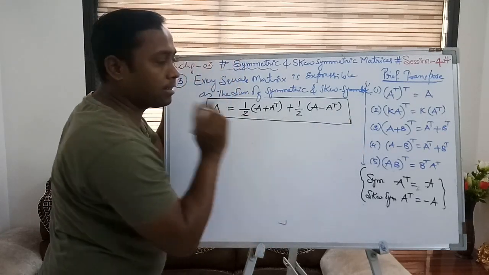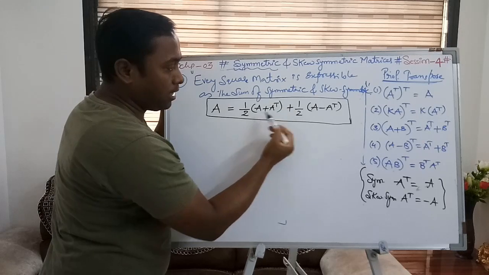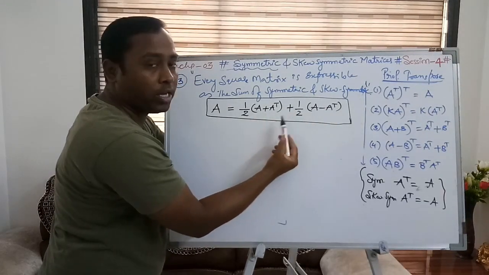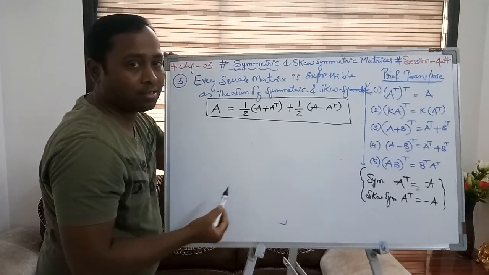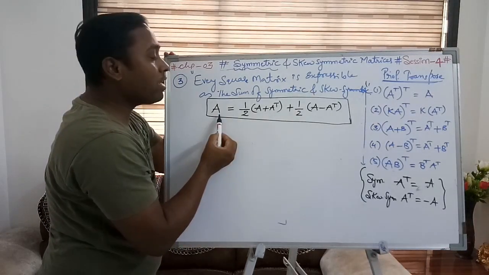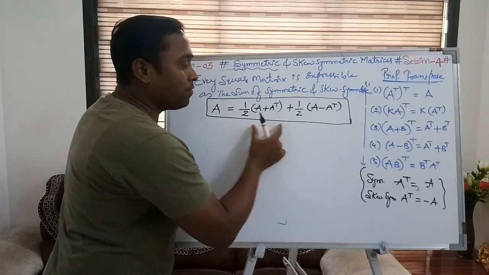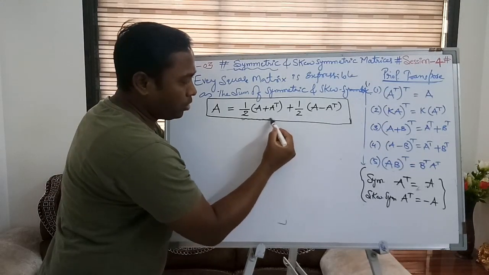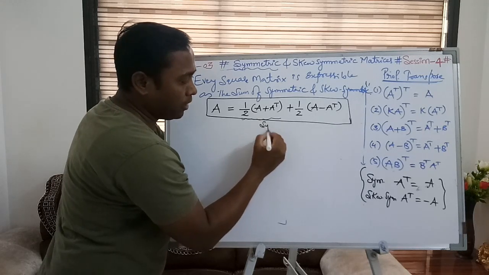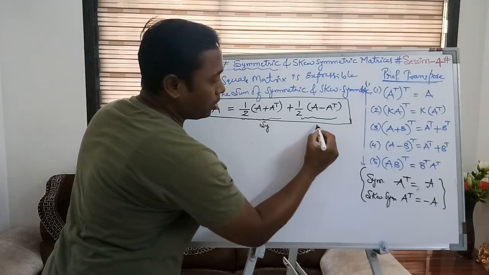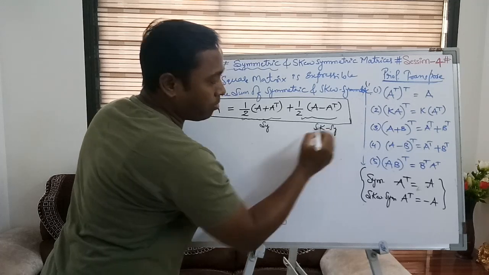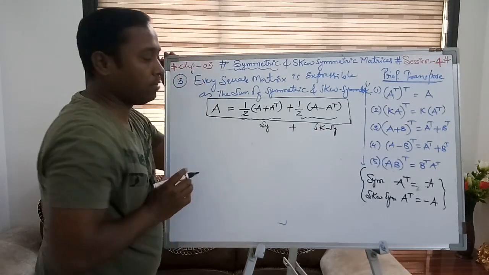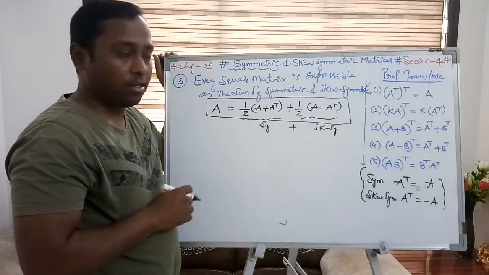You can see, by taking LCM 2, minus A transpose plus A transpose get cancelled. A plus A is 2A. 2A by 2 means the 2s get cancelled, leaving A. So every square matrix can be written as the sum of this and this operation, where this operation will be symmetric and this operation will be skew symmetric. Hence their addition will always give the matrix A.